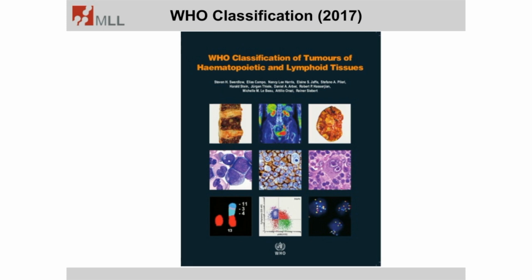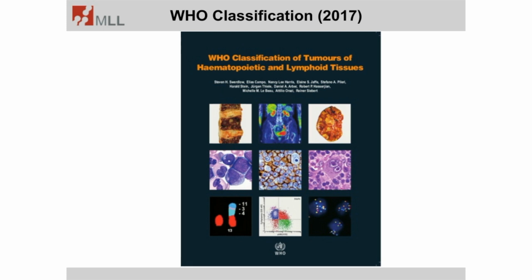The cover again demonstrates that so far we have macro, we have micro, and we have some more techniques that refer to chromosomes or FISH or even flow and scatter diagrams. But at least right now on this cover, for this book that will be the gold standard in the next years, so far there is no molecular readout shown.